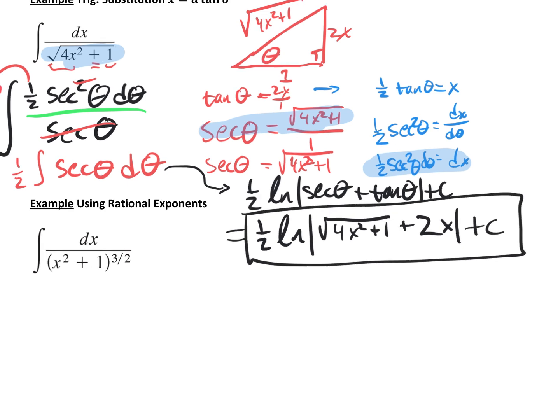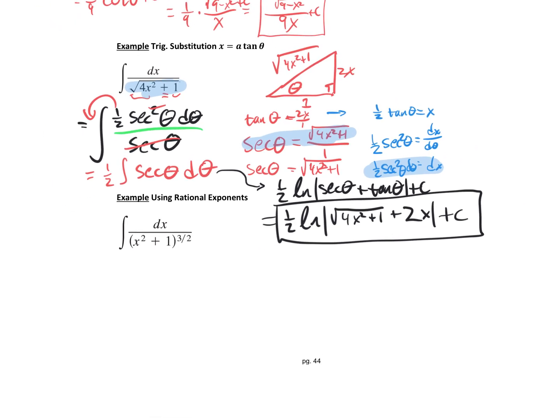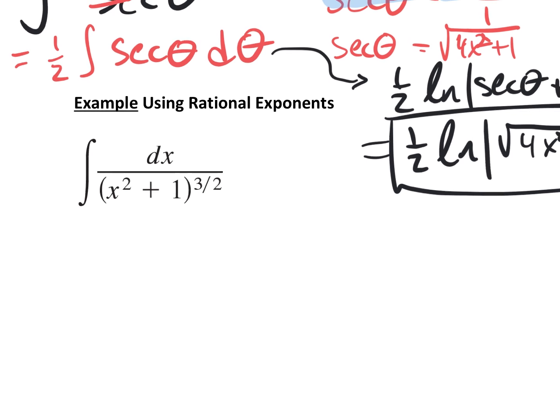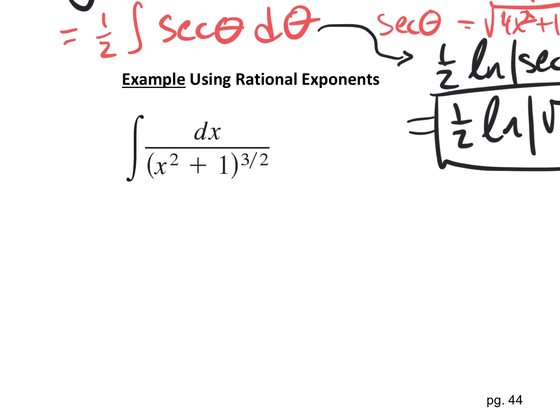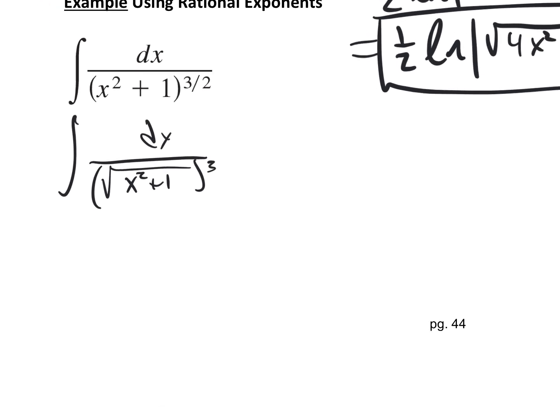So I got a couple more here. So we have rational exponents here. So remember that if we have something to the 3/2 power here, this means we have the square root of x squared plus 1 to the third power. All right, so we have x squared plus 1.